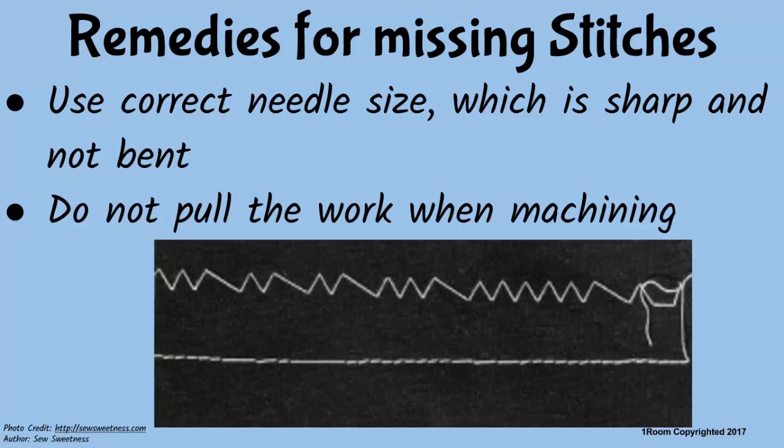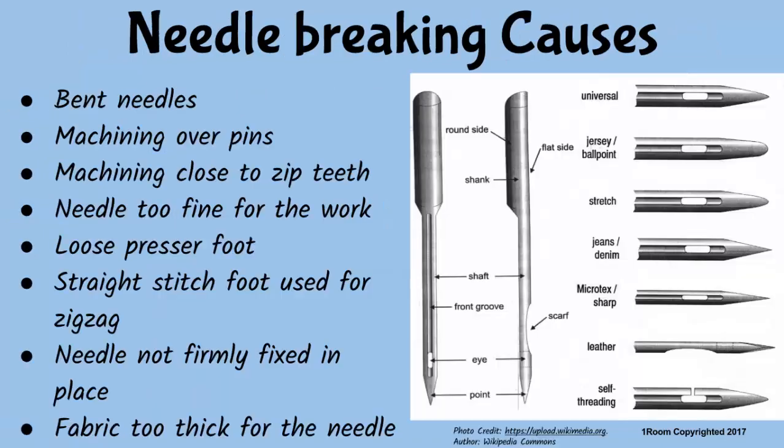And what can possibly cause a needle to break? Using too much force? Not exactly. Needle breaking may result from using bent needles, sewing over pins, when machine is too close to the zip teeth, when the needle is not firmly fixed in place, or when fabric is too thick for the needle.